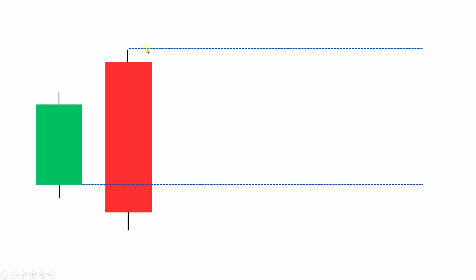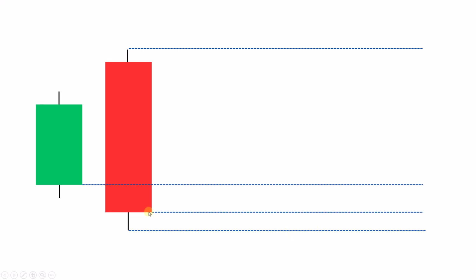Coming to the bearish engulfing pattern, we take the opening price of the first candle, this one, we take the high of both, which is this, we take the lowest of both, which is this, and we take the closing price of the second candle, which is this. And when we draw a candle, it looks like this.